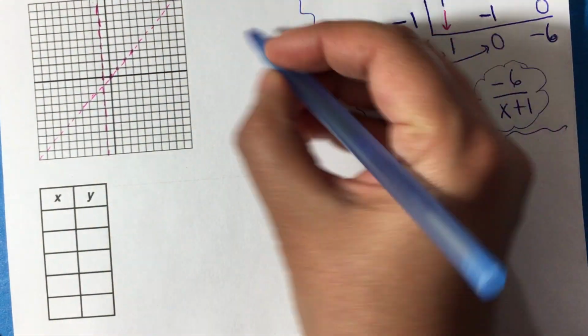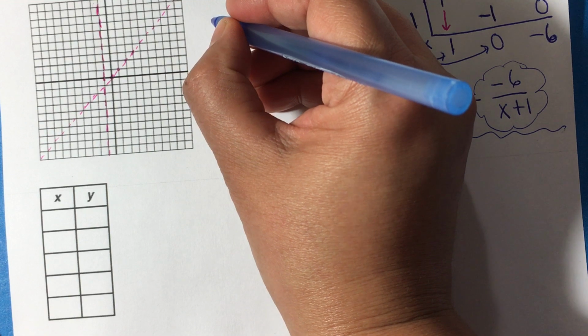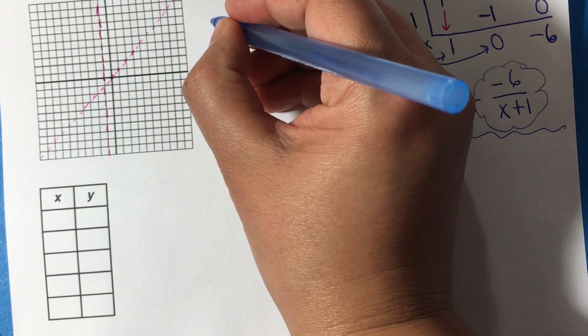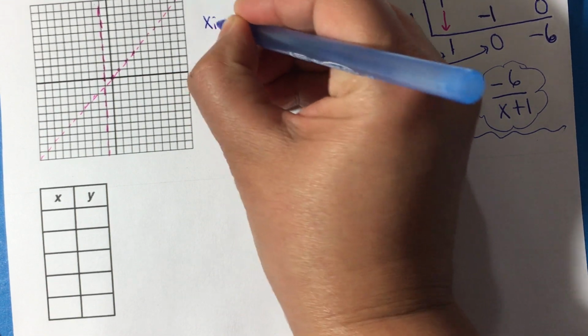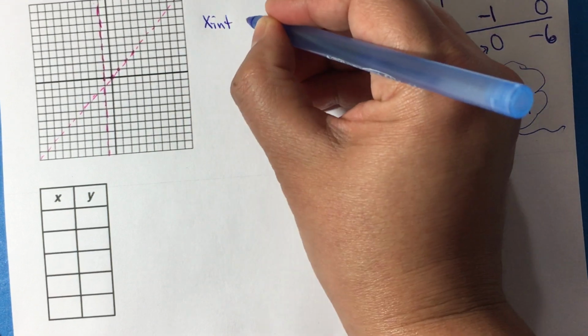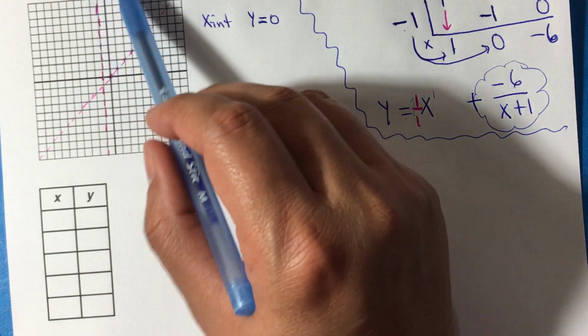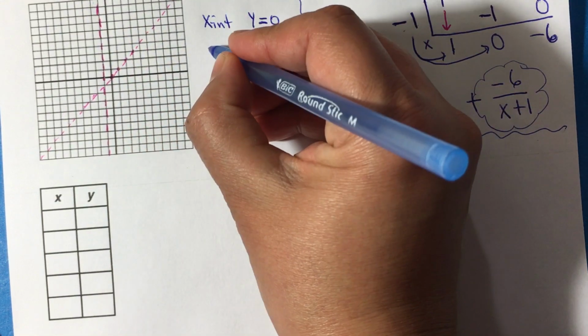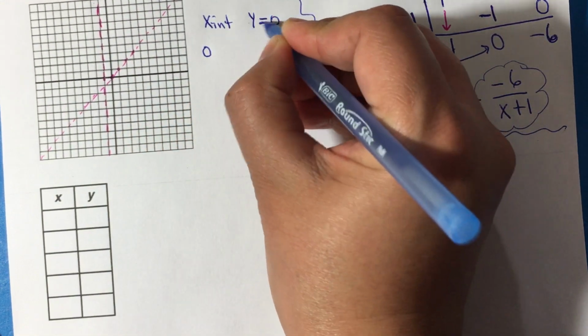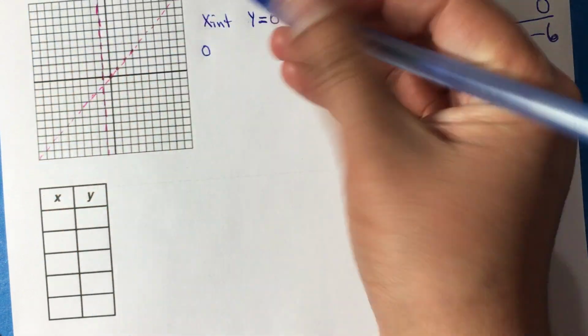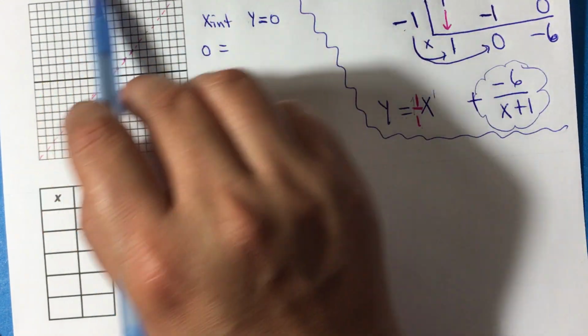So let me take advantage of all this space. For the x-intercept, y will be 0. For the x-intercepts, it's easier if I have it factored already. So I'm going to put 0 for y and then equal to all that expression.